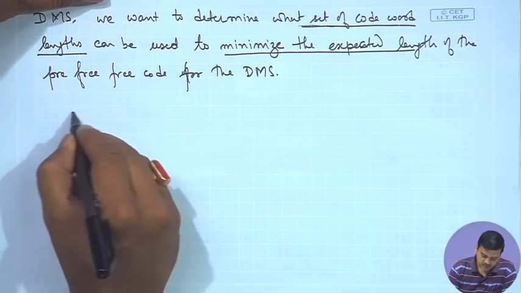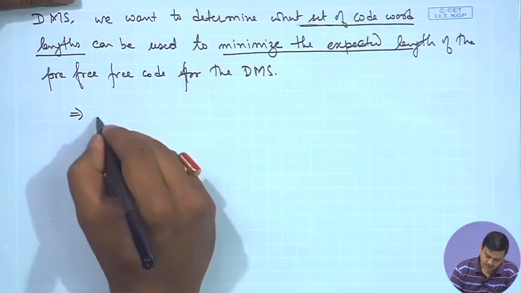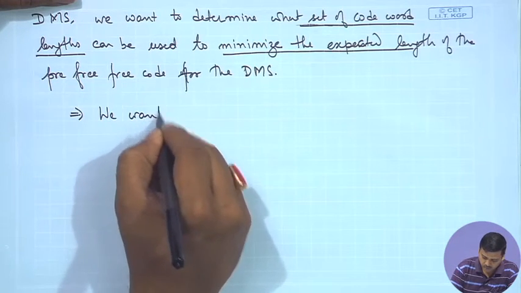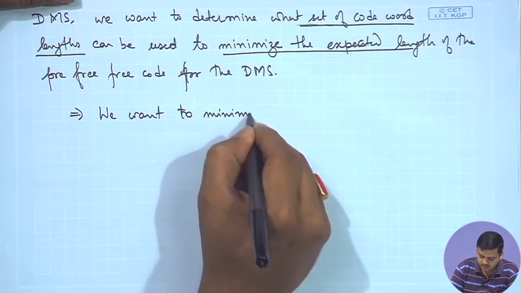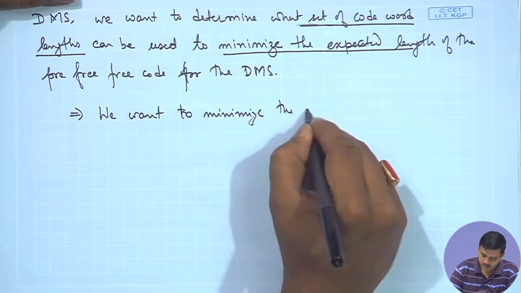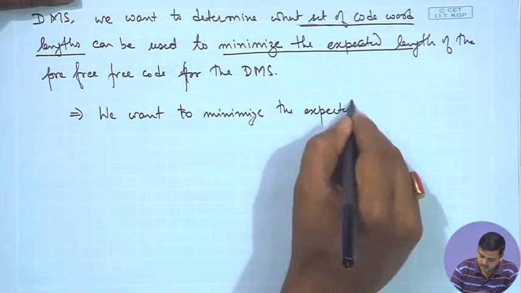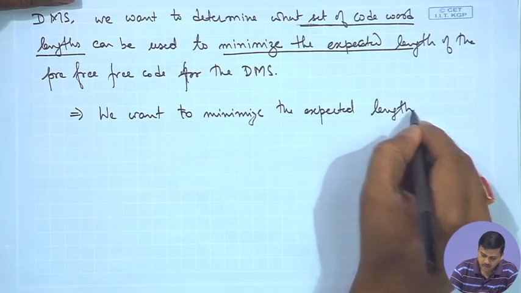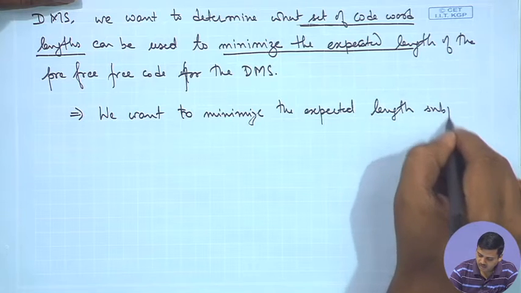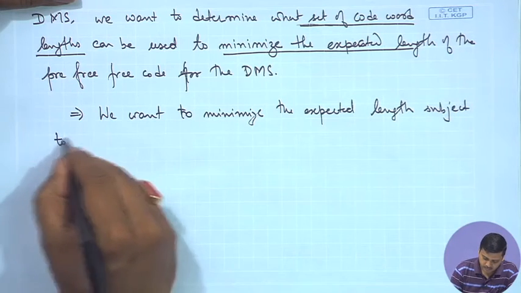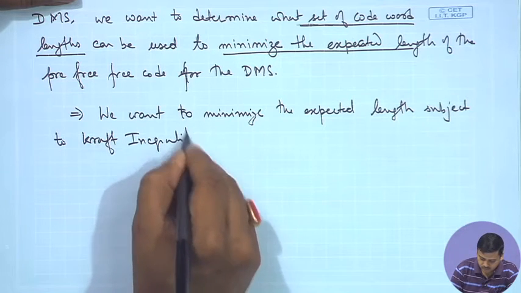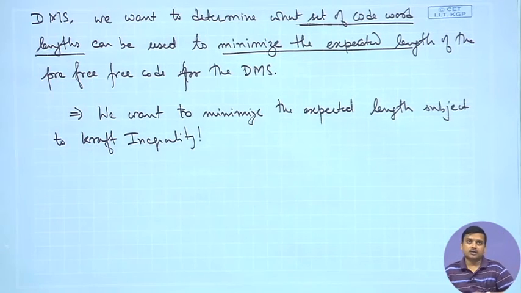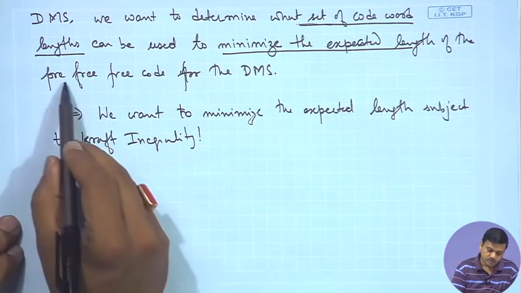So, in other words what we want to say is that we want to minimize the expected length subject to Kraft inequality. Why do we bring in this second statement? The reason is that we are talking about prefix free codes.